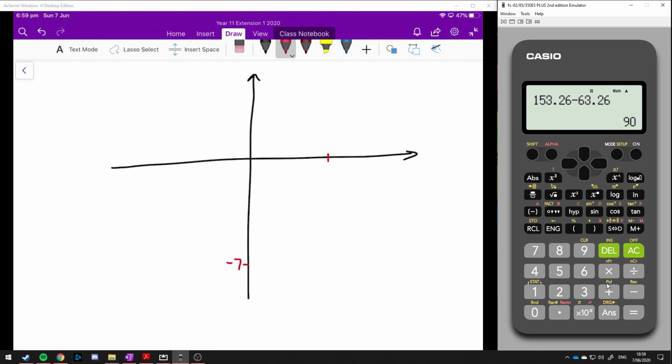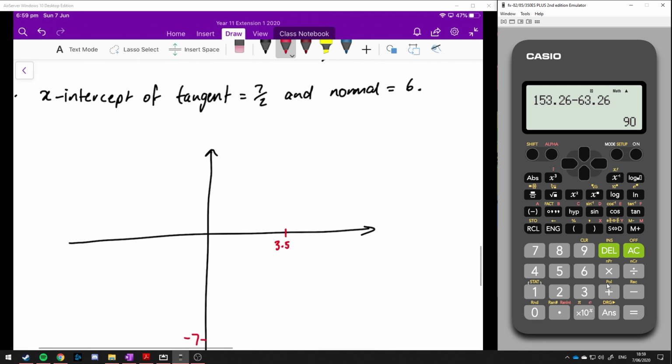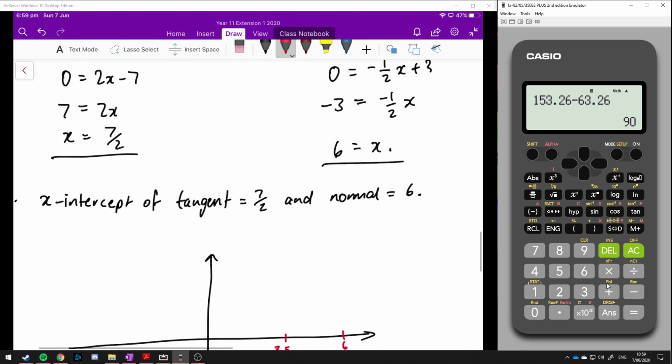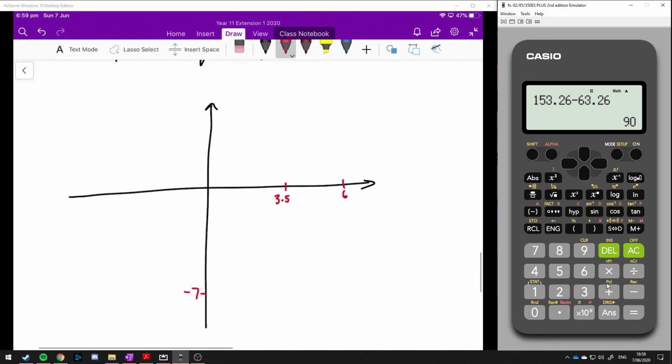So what about here? 3.5 is 7/2. And our normal is at 6, so somewhere over here. Okay, and the equation for that one has +3, so it's up here somewhere, okay? So first equation goes, and I'm going to draw this one hopefully correctly.